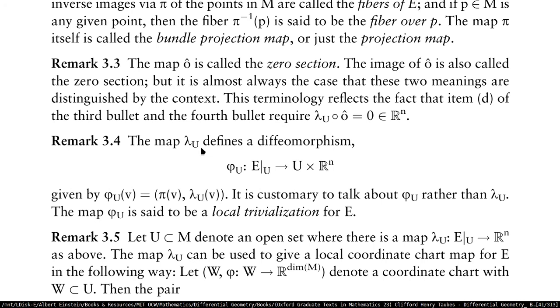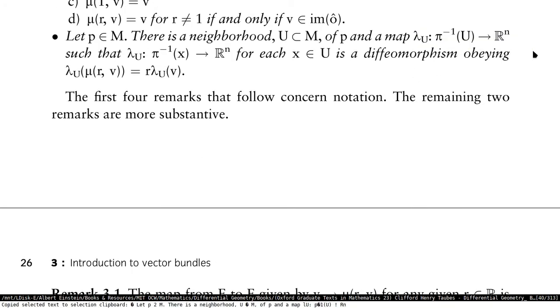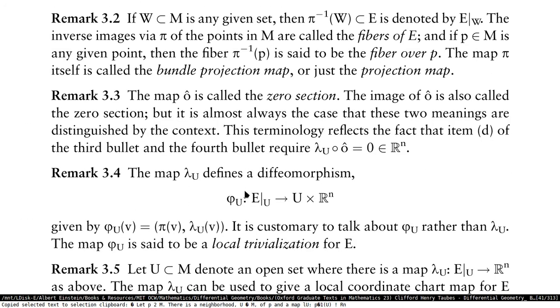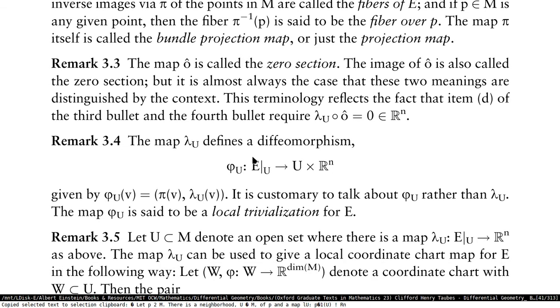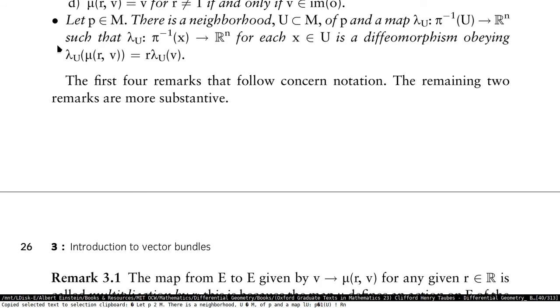So lambda u that we saw, which is from the pre-image of an open neighborhood to Rn, this actually defines a diffeomorphism Pu, which goes from E restricted to U to U cross Rn. This is a diffeomorphism, and what it does is it takes V and it gives you pi of V comma lambda u of V, and we know how lambda u of V works here.